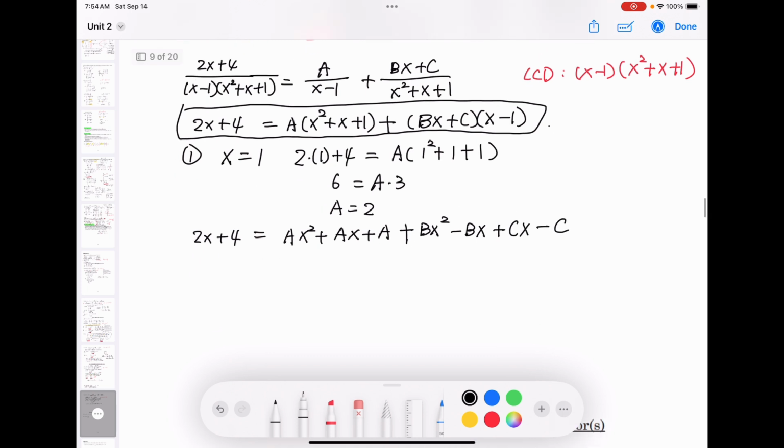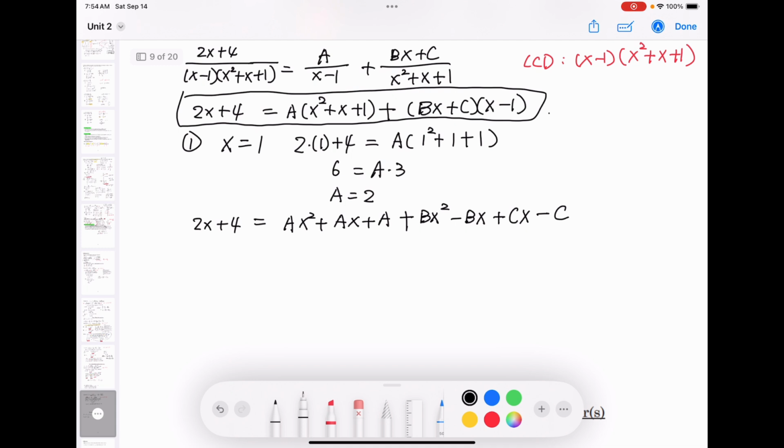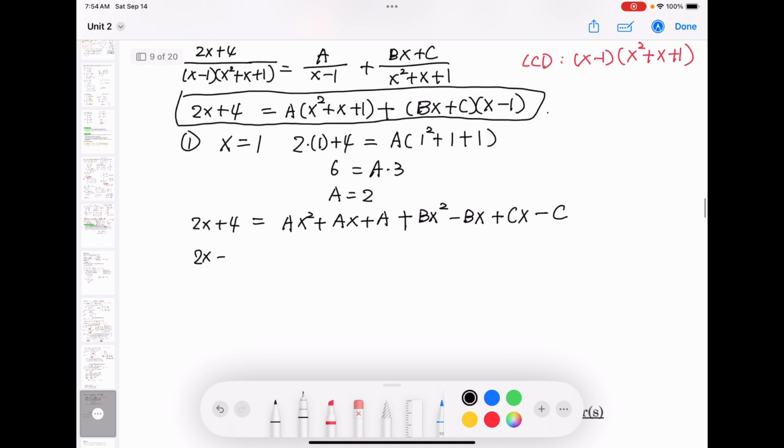Let's combine like terms on our right-hand side. 2x plus 4 is equal to, combining the x squared terms, then the x terms, and then the constants, a plus b x squared plus a minus b plus c x plus a minus c.